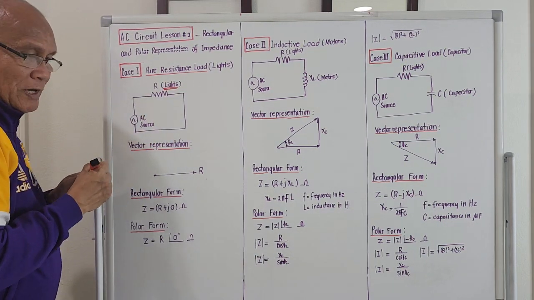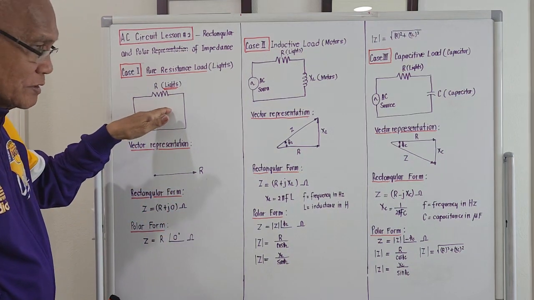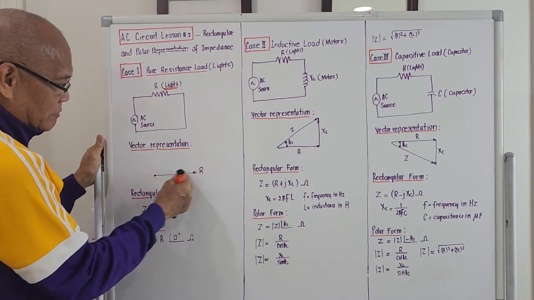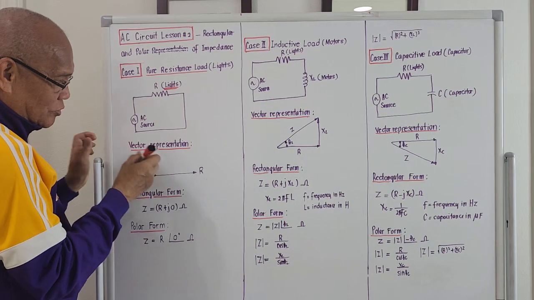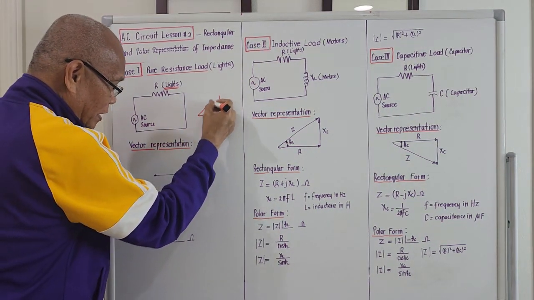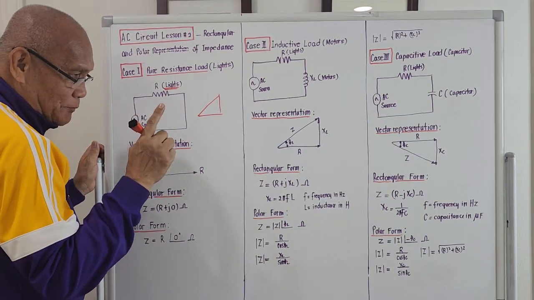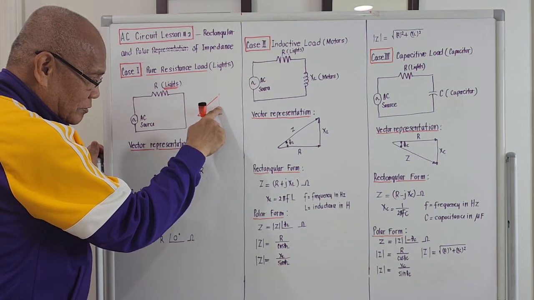If we try to bring out the vector diagram of the equivalent of this as an impedance, it will simply be a straight line. This is R. Supposedly it is always a right triangle, but for a pure resistance load, this portion is actually 0.